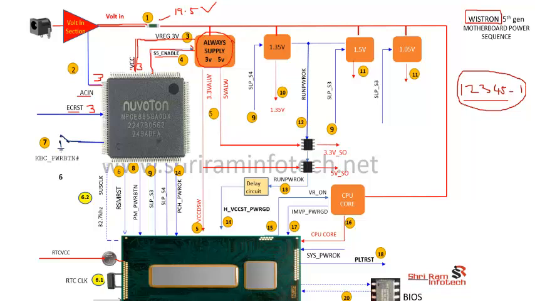the always voltage buck converter. Once it is enabled, this buck converter starts pulsating the MOSFET and generates 3 volts and 5 volts, called 3.3 always and 5 volt always. This 3.3 always is going to the CPU, and this voltage is called VCC DSW.